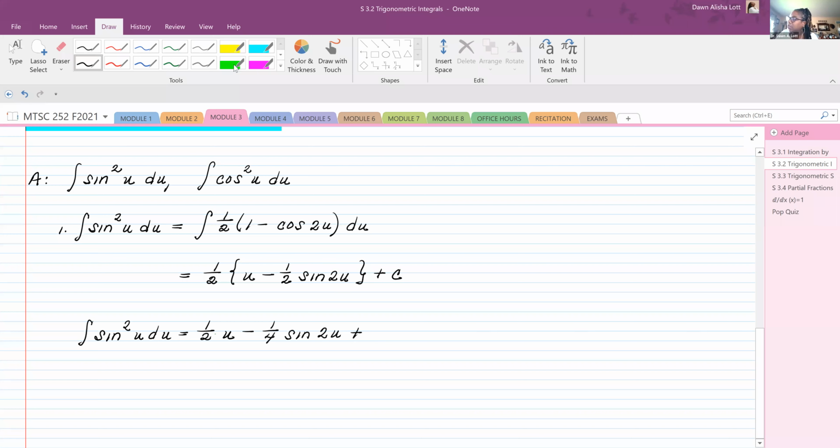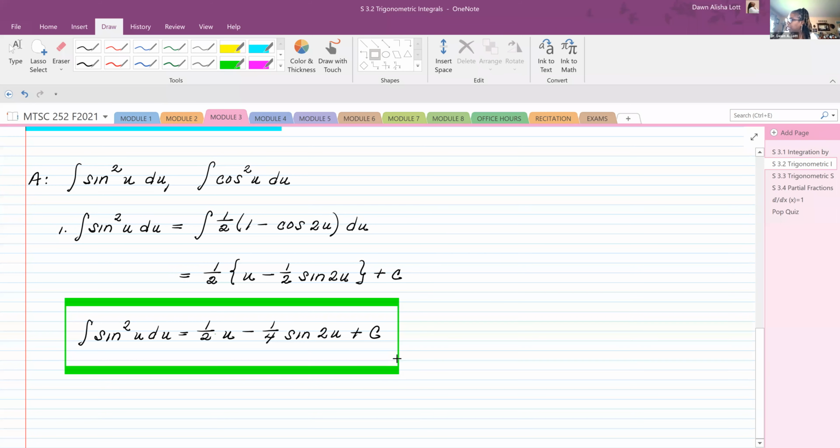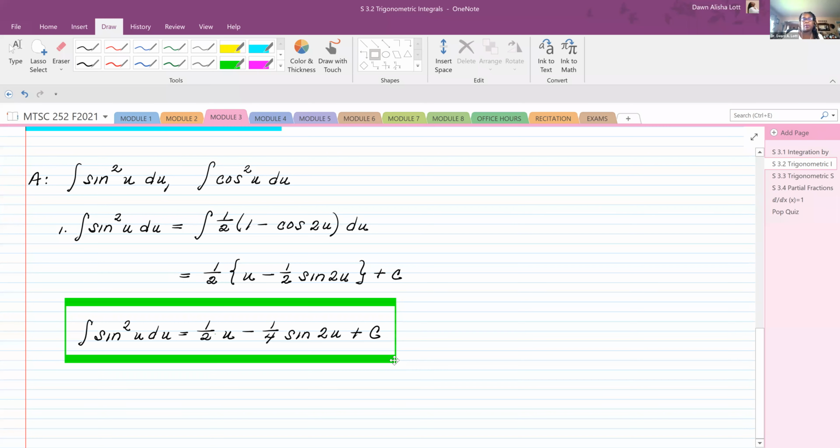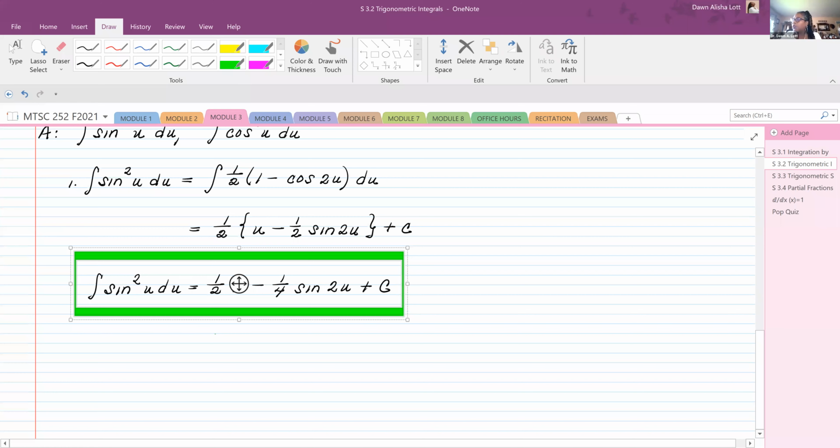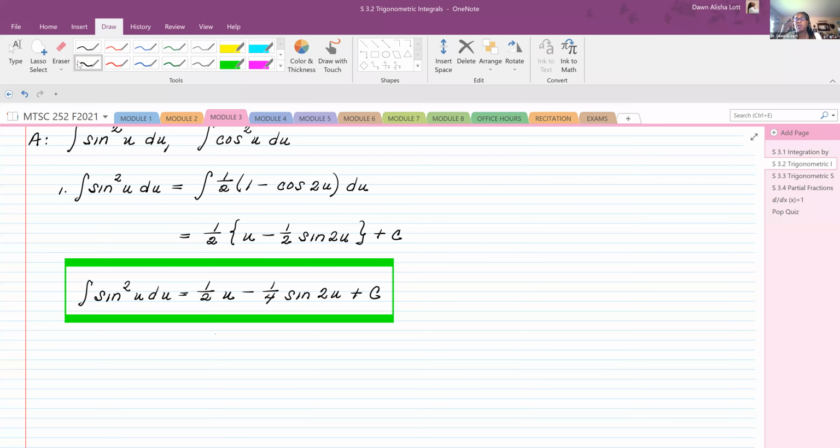Now, granted, I am giving you a formula, but I want you to know how to get it. Whenever you have to integrate sine squared, always, always, always trade it off for 1/2 times 1 minus the cosine of 2u.